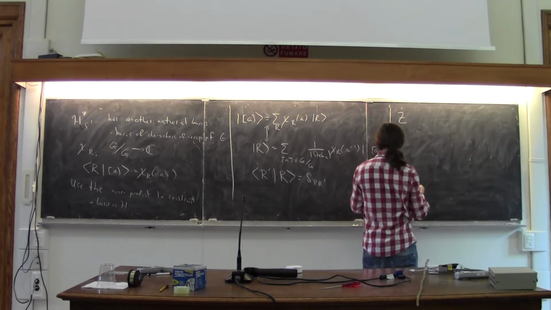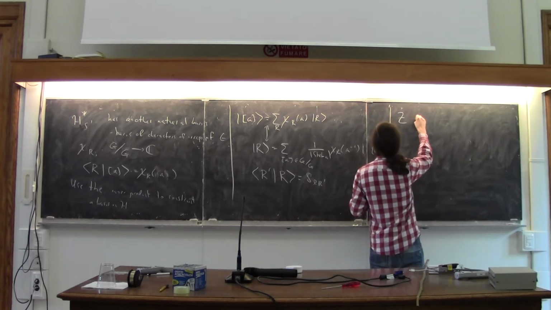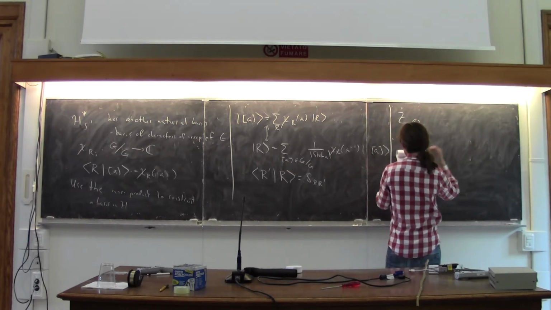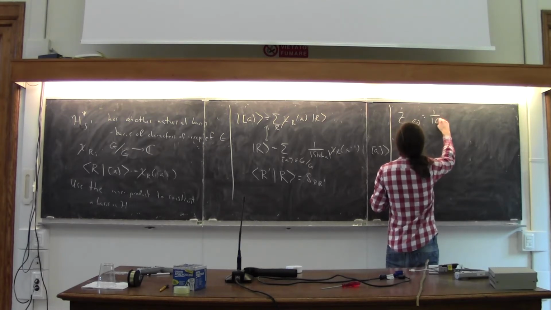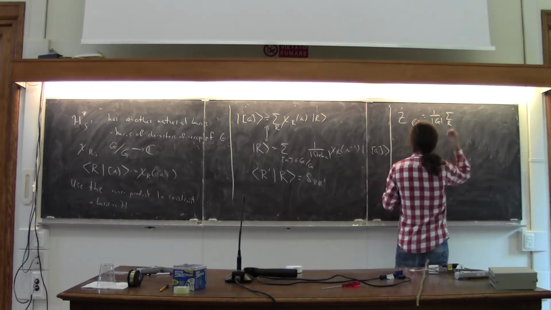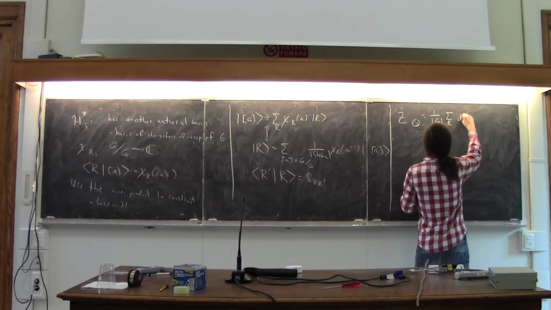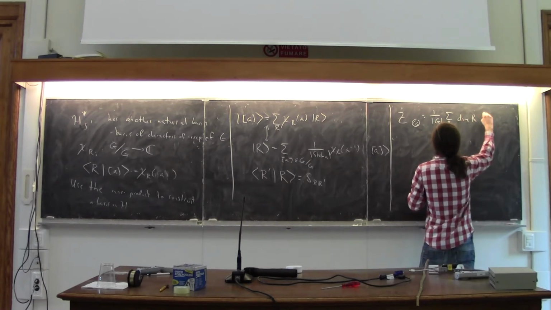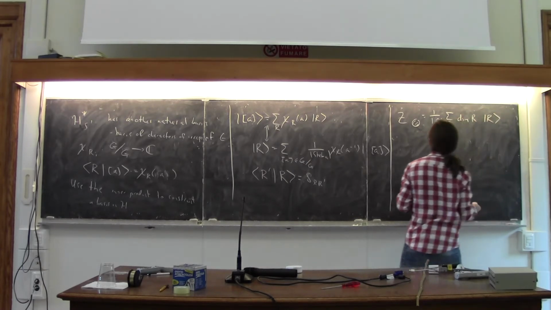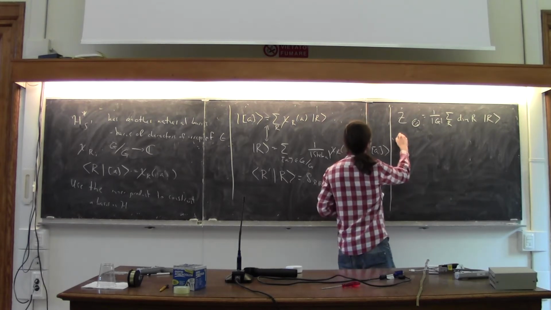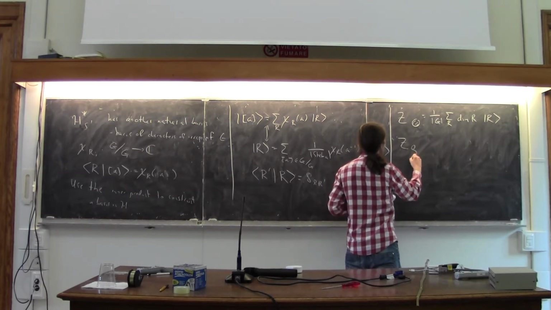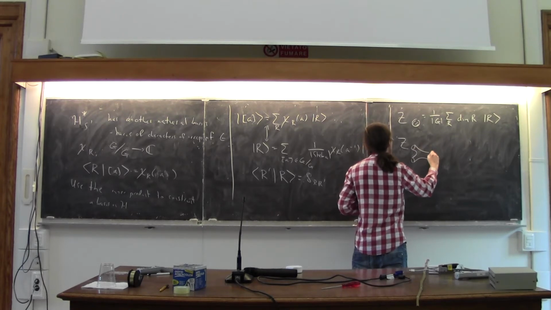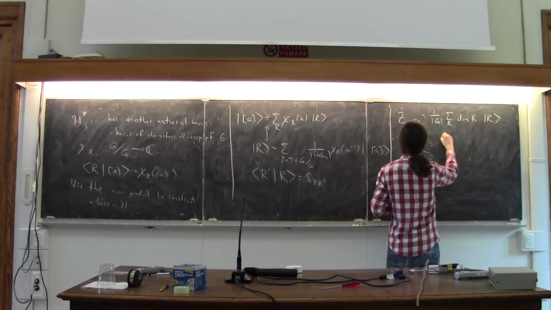So the partition function for a disk becomes 1 over the order of G, sum over irreducible representations, dimension of the representation times the vector. So, well, all right. But the curious thing happens with the answer for the pair of pants.